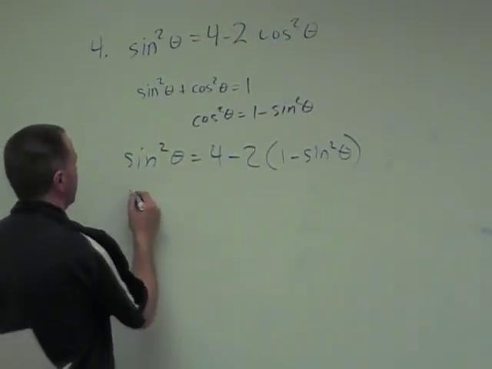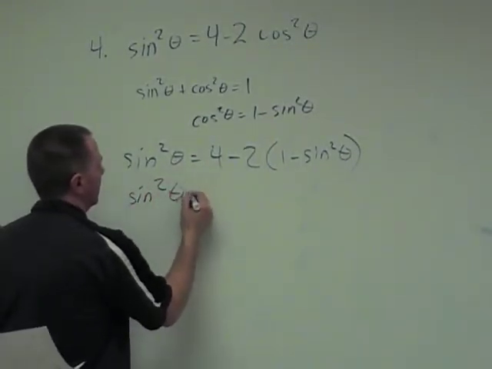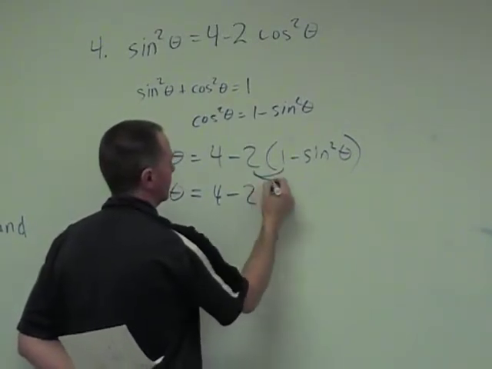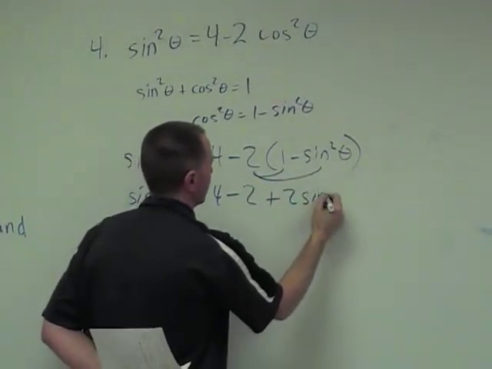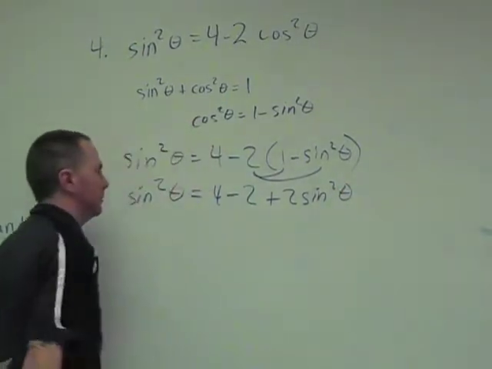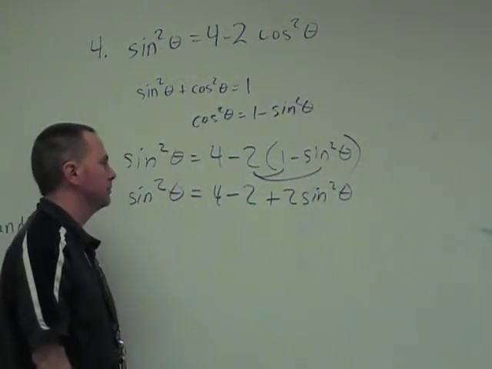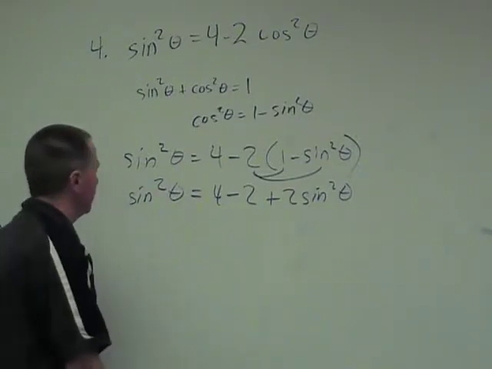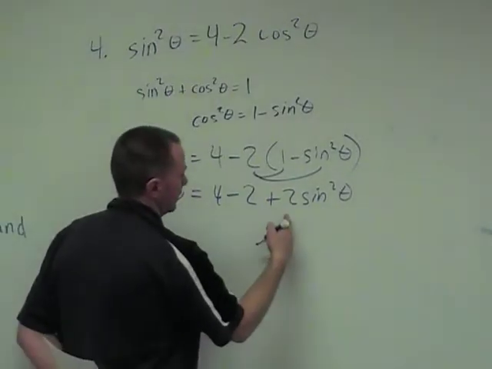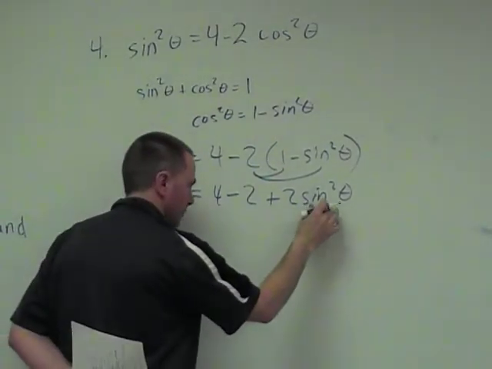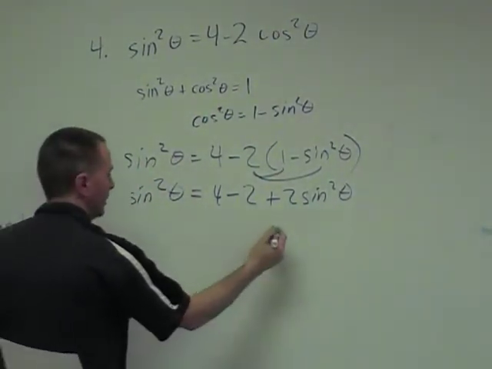Okay, what happens? Sine squared of theta equals 4 minus 2 plus 2 sine squared of theta. Now I'm just going to get sine squareds by themselves. I'll subtract 2 sine squared of theta over to this side.